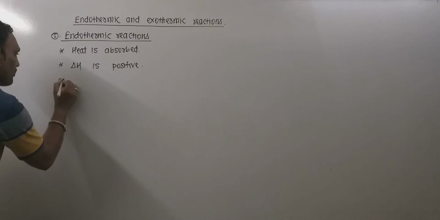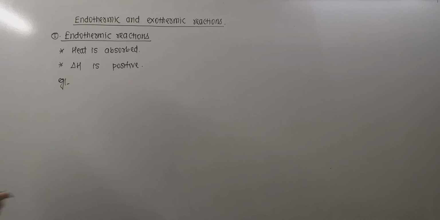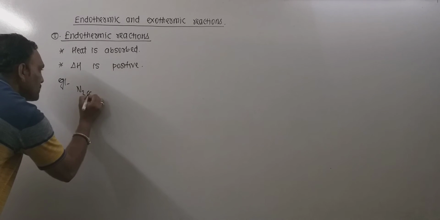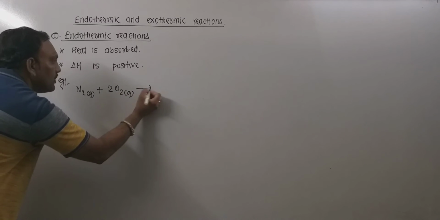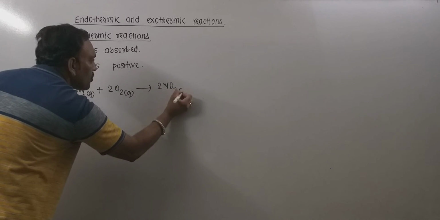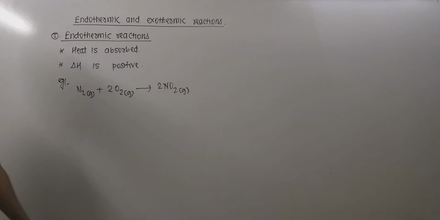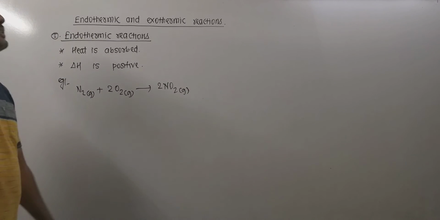Now, consider for example the formation of NO2, which can be given as N2 gas plus twice O2 gas gives twice NO2 gas. So this is one of the endothermic reactions.